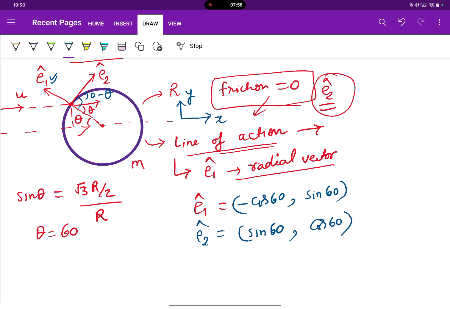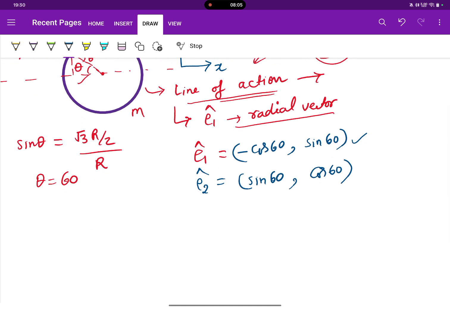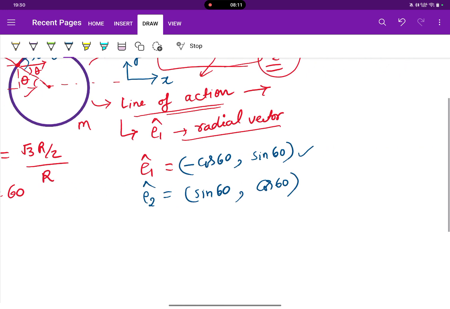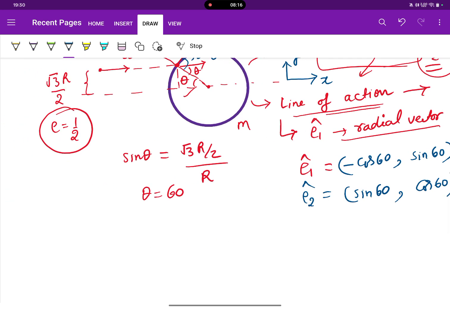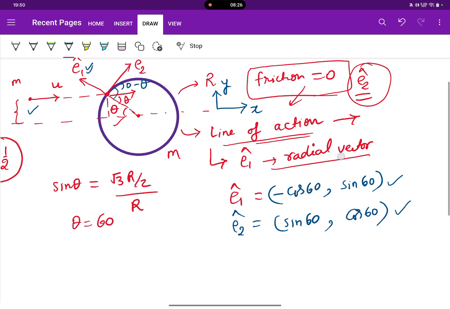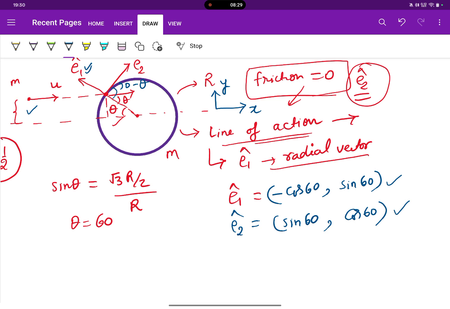You can also think of it as the radial vector and tangent vector being perpendicular, so you can find the normal vector of E1 cap. So basically E1 cap dot E2 cap is 0. Why I have done this I will explain almost at the end, when we find the velocities. To give you a hint, you are going from this xy coordinate, for this particle, to this E1 cap and E2 cap direction, with E1 cap being the line of action.